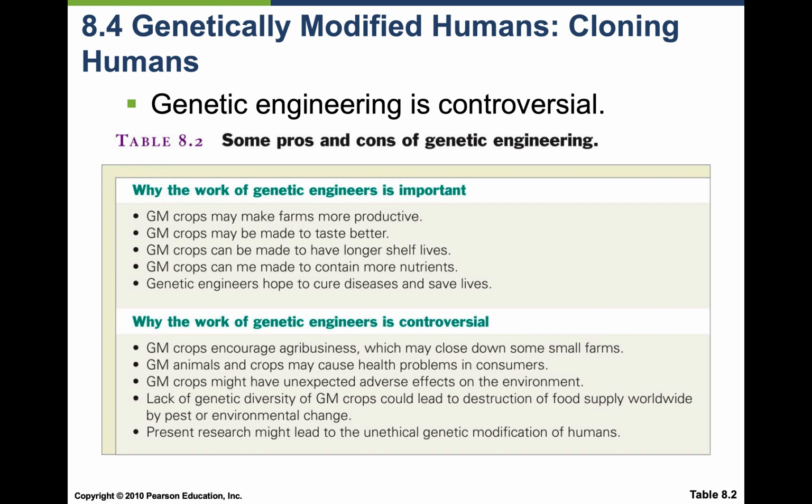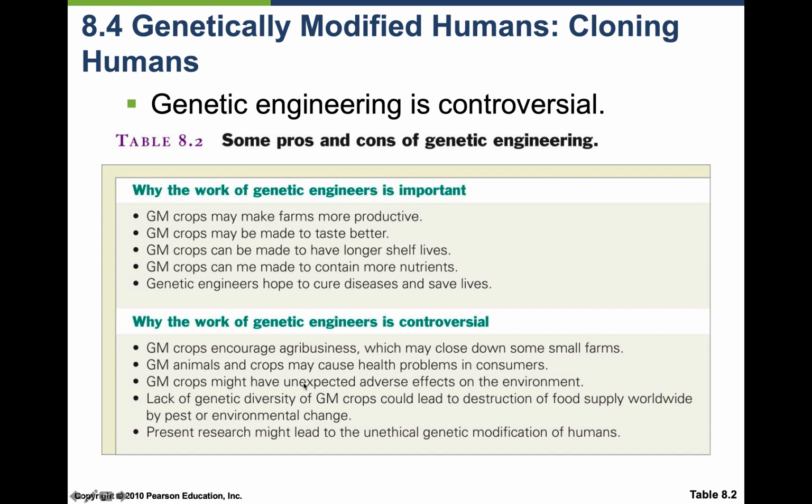Okay, so here's some of the controversy around genetic engineering. So you have the genetically modified crops. They may make farms more productive, may taste better, have longer shelf life, contain more nutrients. They can cure disease and save lives. But there's also these ideas of encouraging agribusiness, which may close down small farms.